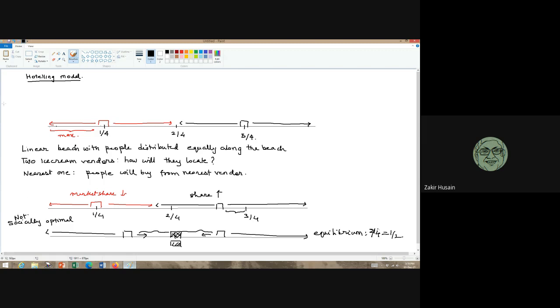This was socially optimal. What is the profit over here? Pi 1 is equal to pi 2, let us say this is equal to theta. What is the profit over here? It is again pi 1 is equal to pi 2. Has the profit changed? It will still be theta.